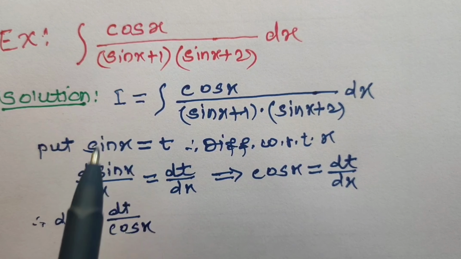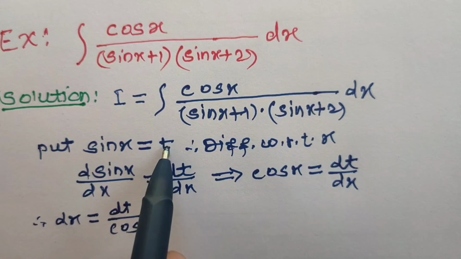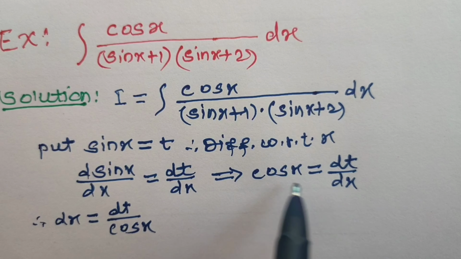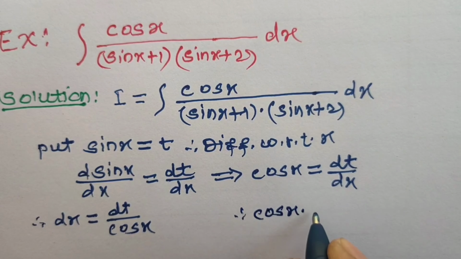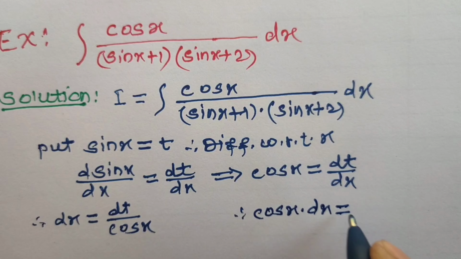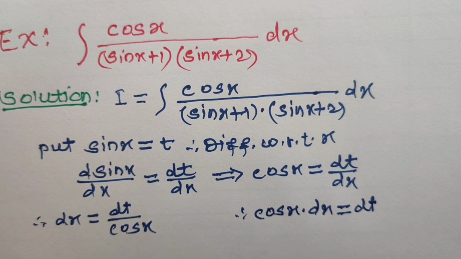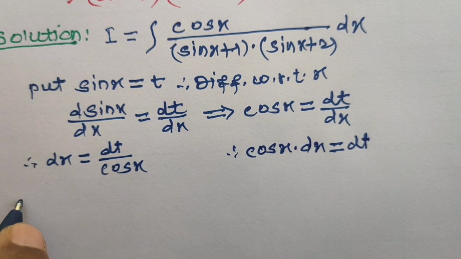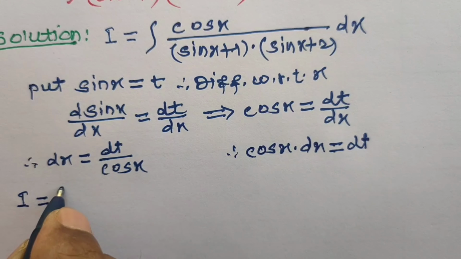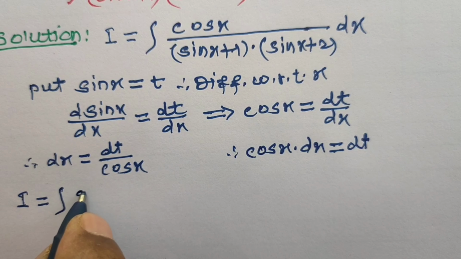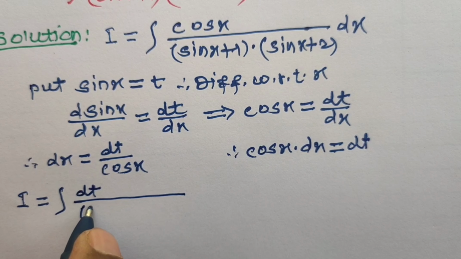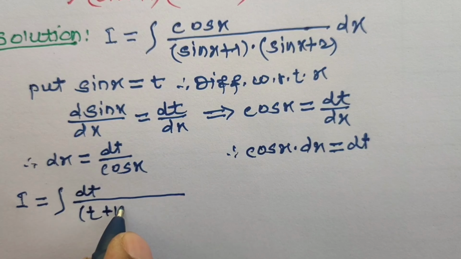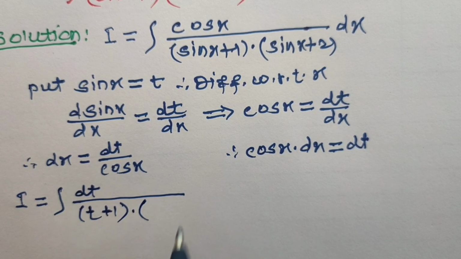Hence, in the given integral, replace sin x by t, and simply taking cross multiplication of cos x and dx, we can write cos x dx is equal to dt. Hence, the integral can be written as I is equal to integral of cos x dx replaced by dt, and the denominator becomes sin x replaced by t, plus 1 in one bracket, and in second bracket sin x plus 2 means t plus 2.